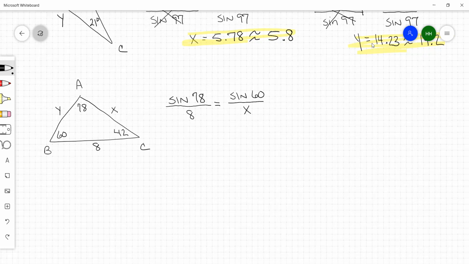I'm going to do the sine 78 over 8 again. Next, to solve for y, which angle measure are we going to use? The 42, good. And it goes over y.